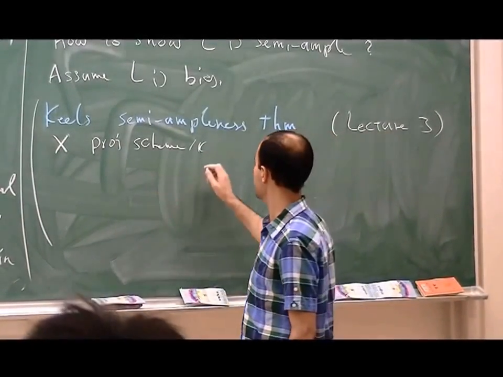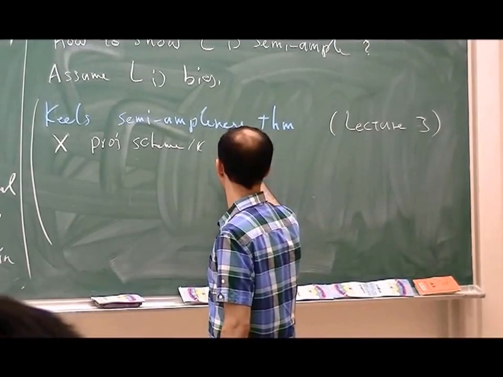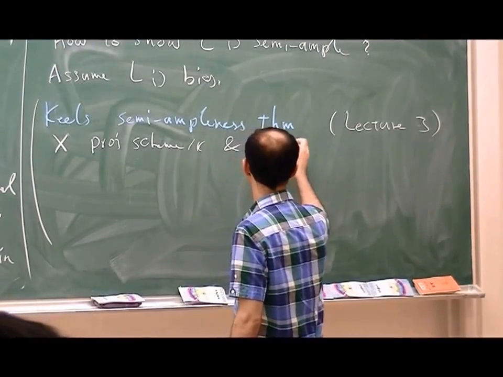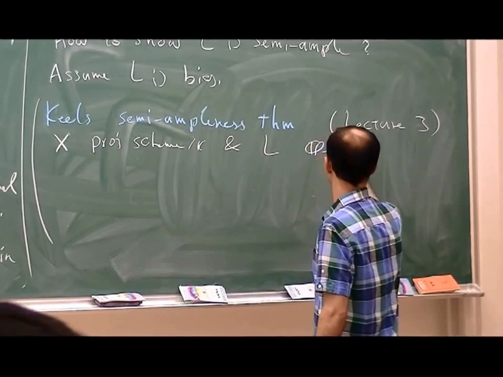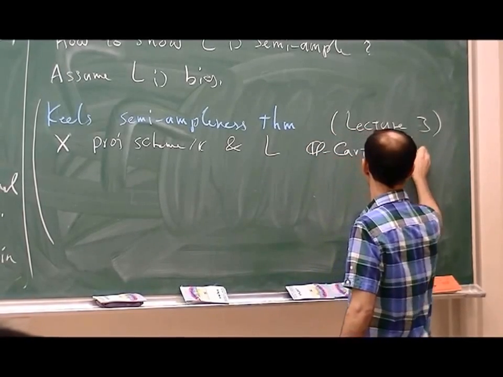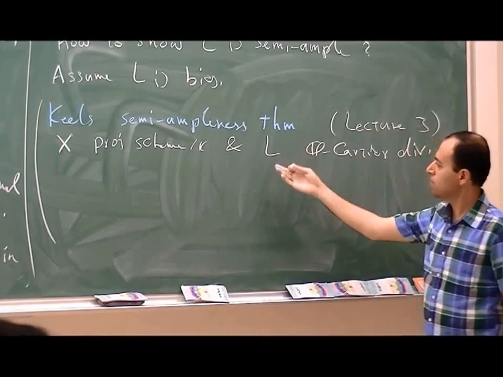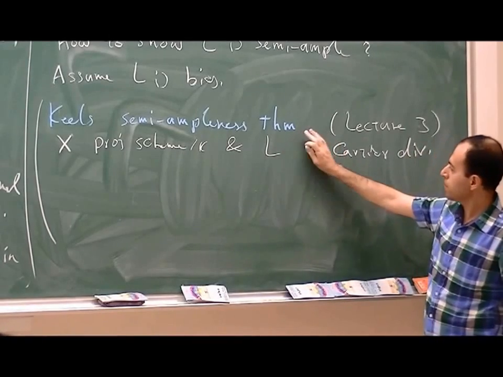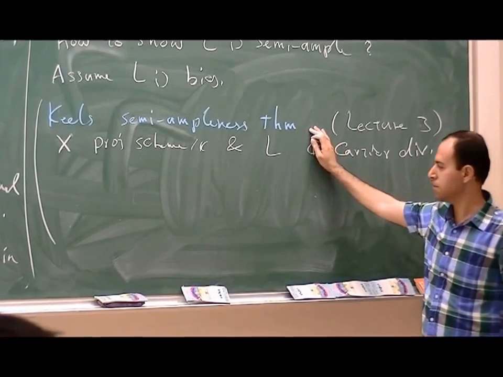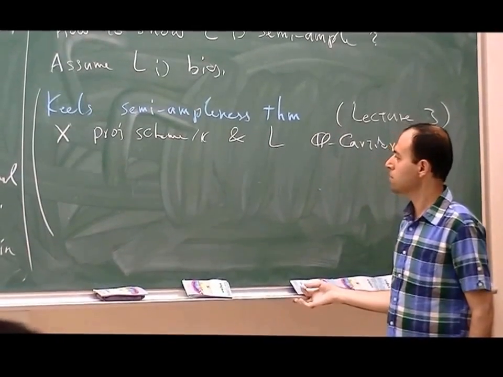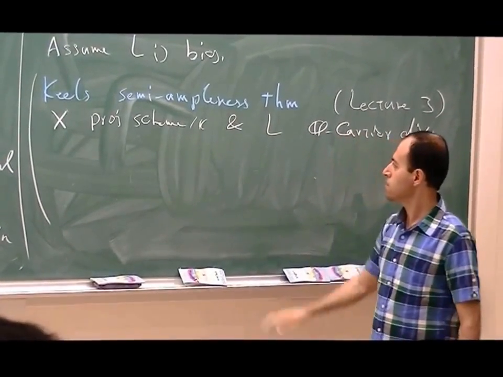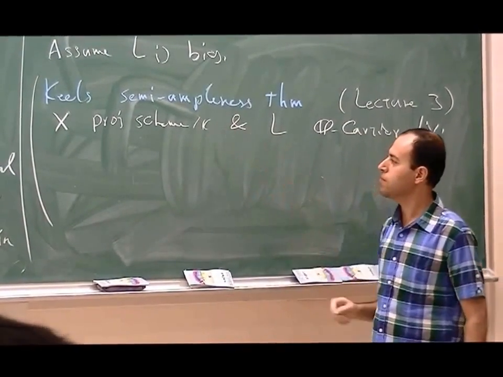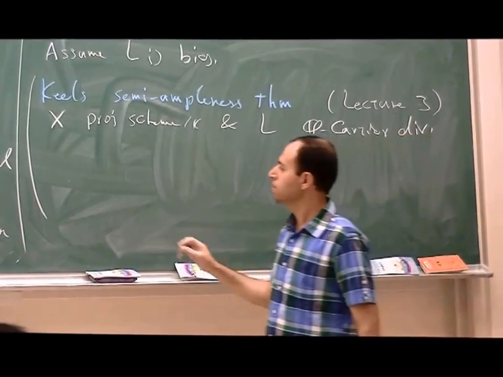Suppose that X is a projective scheme over k, and suppose that L is some Q-Cartier divisor. So it means that it could have rational coefficients, but you can actually just assume Cartier. It doesn't make much of a difference. Suppose that you have some Cartier divisor on some projective scheme defined over this field of positive characteristic.